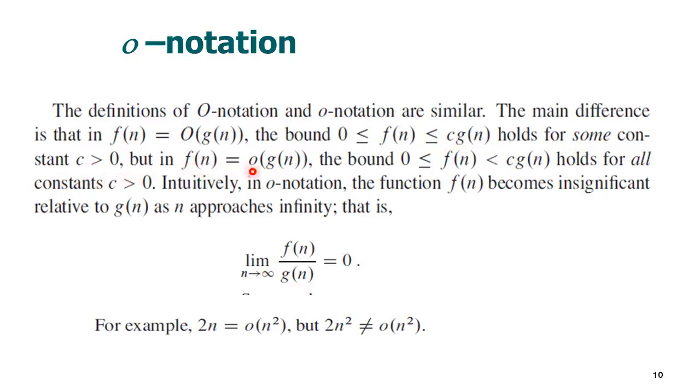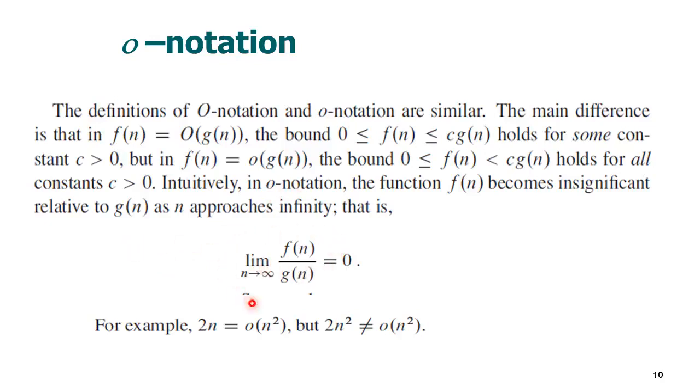But when we define small o notation, the bound will be 0 ≤ f(n) < c·g(n). Here it is less than or equal to, but for small o it is only less than that holds, not less than or equal to. Then we can say that it is in small o notation.